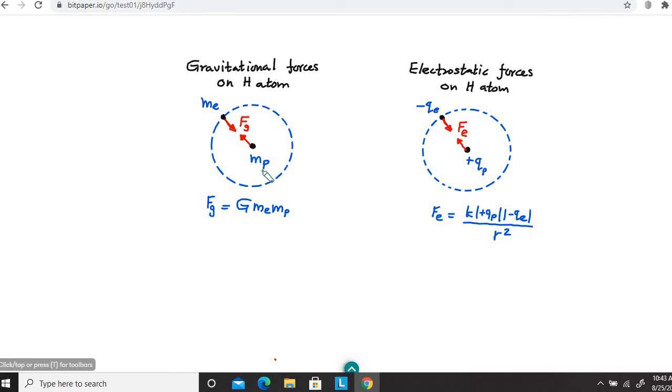So you have to explicitly take the magnitude when we are dealing with charges, because sometimes the charges can be negative. But with mass, in nature, we always see positive mass. We don't see anti-mass or something like that. So always it's the positive value. And then divided by r squared.